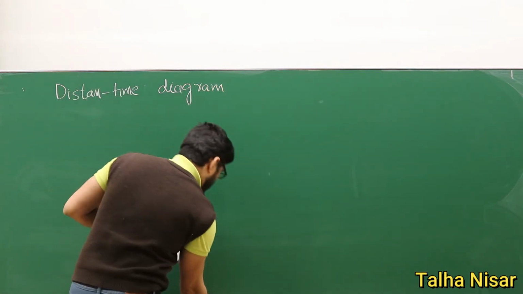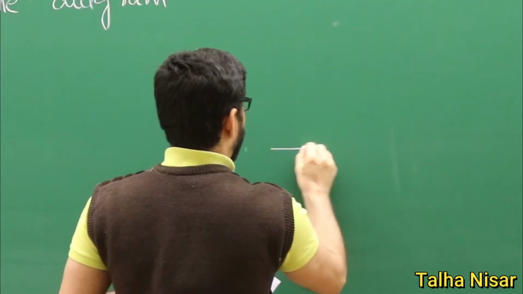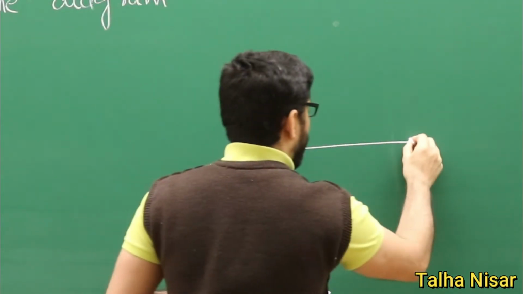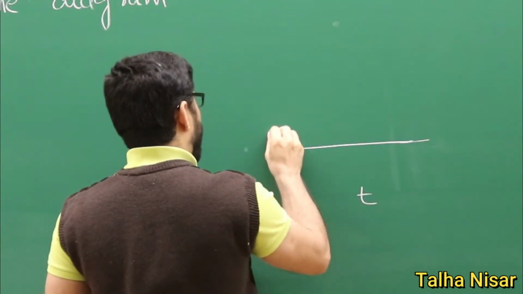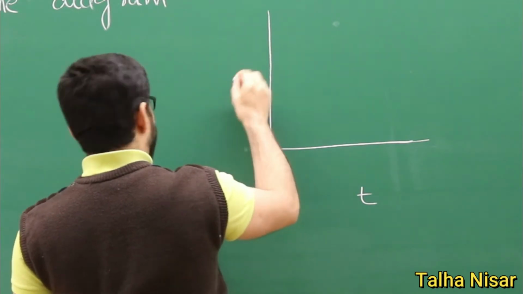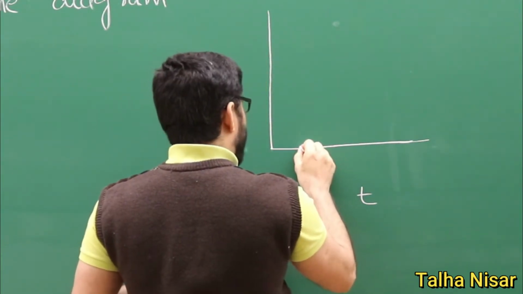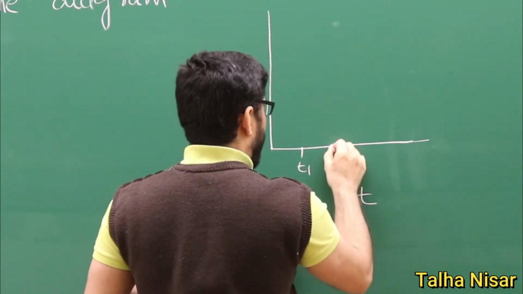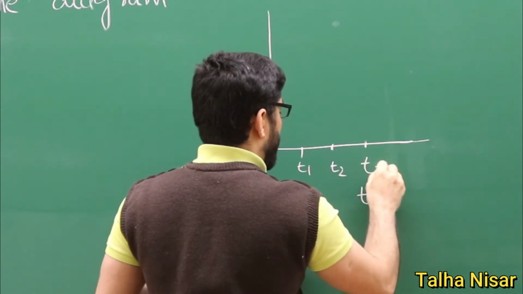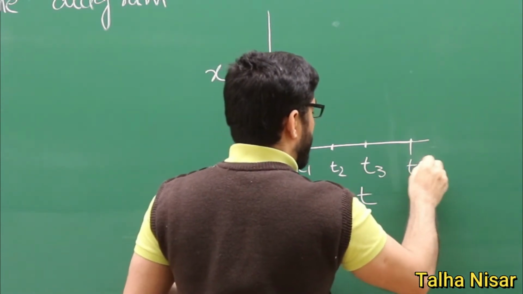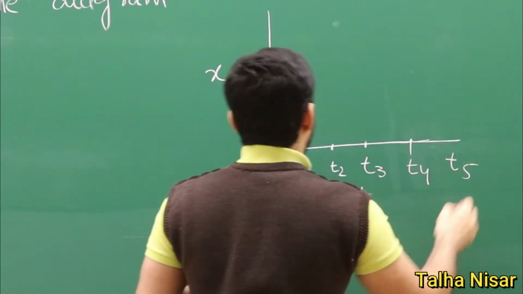Here on the x-axis we have time, and on the y-axis we have x. We have the times t1, t2, t3, t4, and t5.